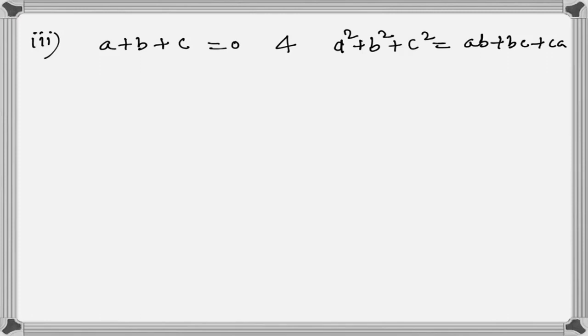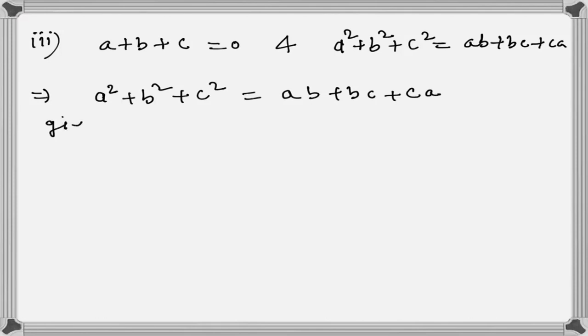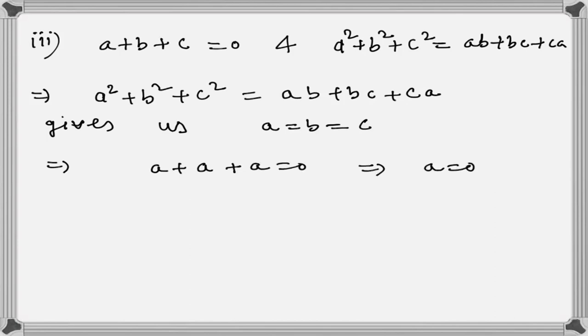As we did in the first part, a square plus b square plus c square equal to ab plus bc plus ca gives us a equals b equals c. And this implies that a plus a plus a is 0, so a is 0. This implies that a equals b equals c equals 0.